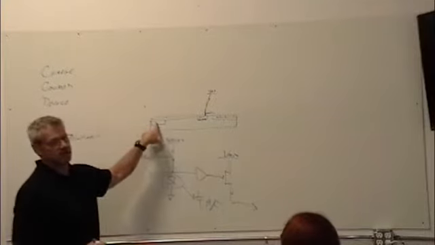And that creates another field underneath, so even though you've got this really strong field here, you've got another field here, and that pulls the electrons down a little bit, so they're not running on the surface. So you're much less likely to hit a trap.